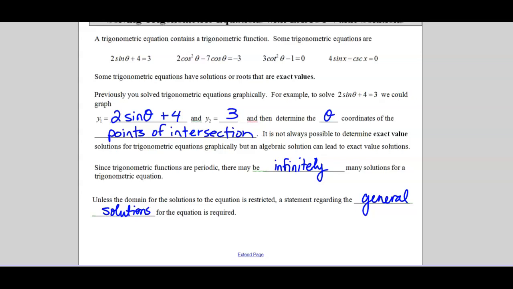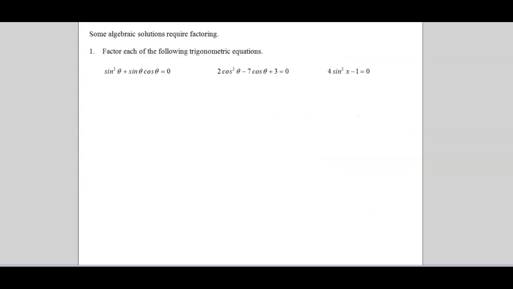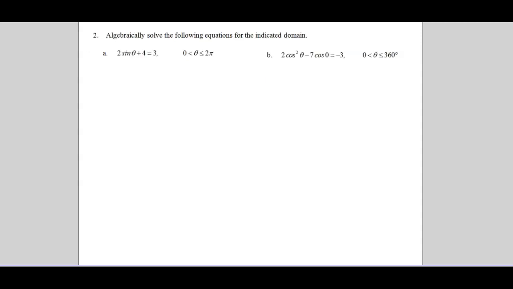Okay, so question number 1. These are not equations in question number 1. They're trig expressions, and all it says to do is factor. Okay, so factoring, you look for a common factor. Oh, sorry. Yours does not have. Mine is.